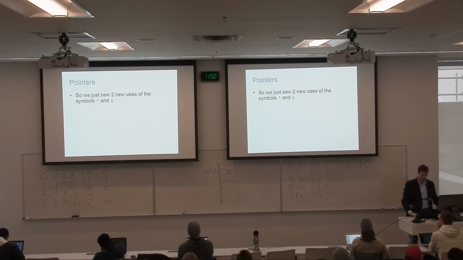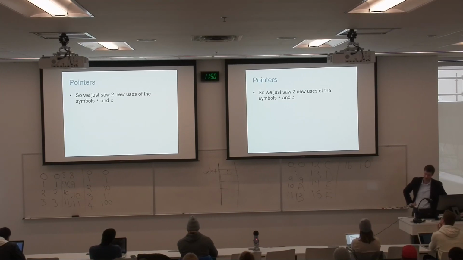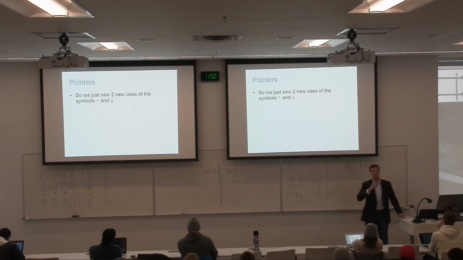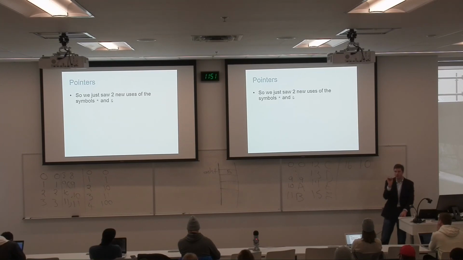So we just saw two new uses of the symbols star and ampersand. Where have we seen star used before in computer science? Multiplication. Yeah, multiplication. So now it's got a different usage, but it depends on its context. Ampersand between two booleans is a boolean operator, it means and. Ampersand in front of a variable means, tell me where this variable is stored in RAM.